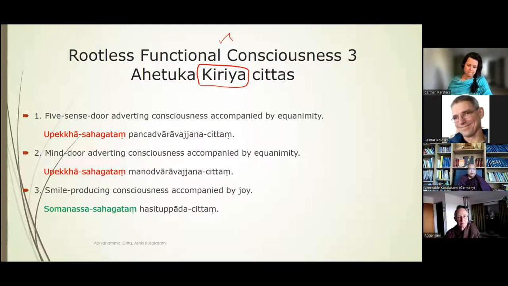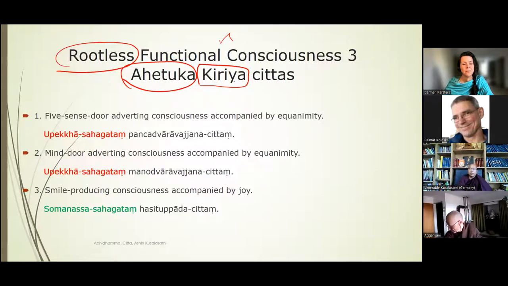Here the first functional consciousness is also rootless, ahetuka. It is defined here because you will learn a lot of kiriya cittas later, like Maha Kiriya and Rupa Kiriya. That's why ahetuka needs to be here, to differentiate it from the other kiriya cittas.